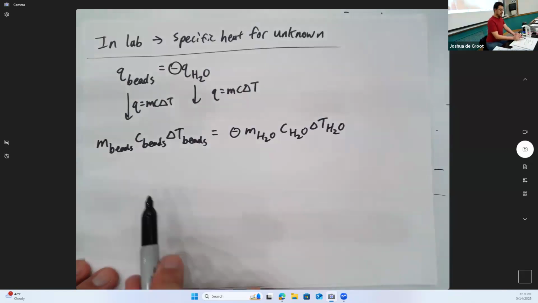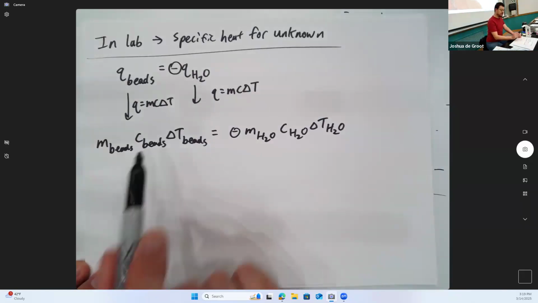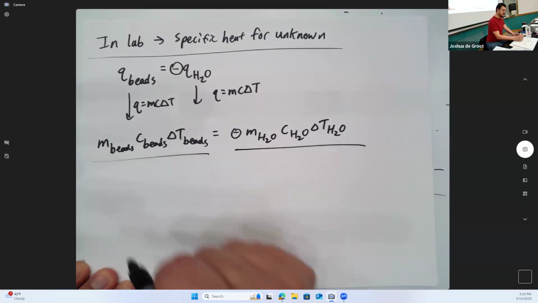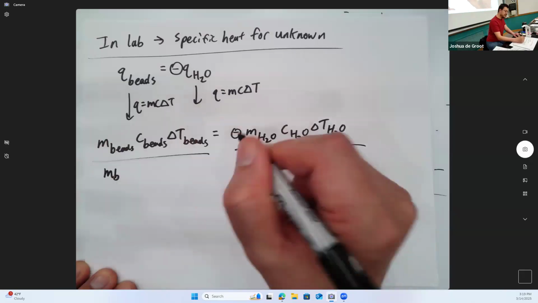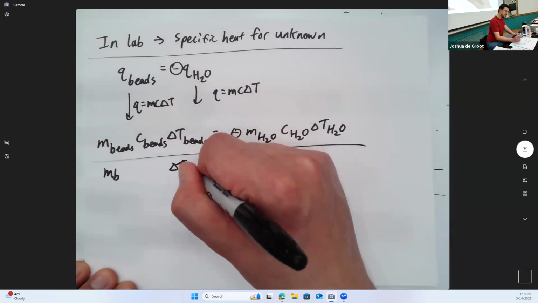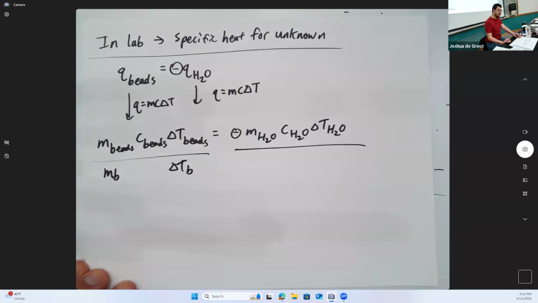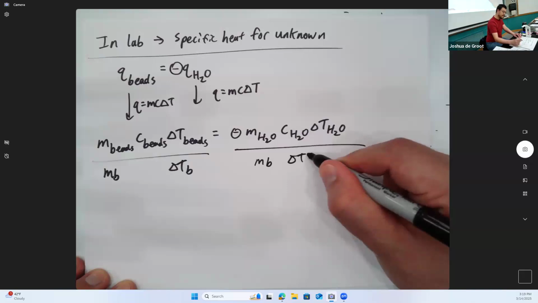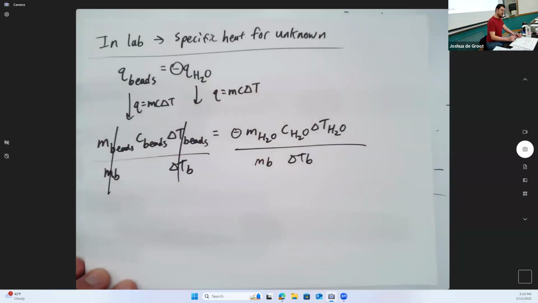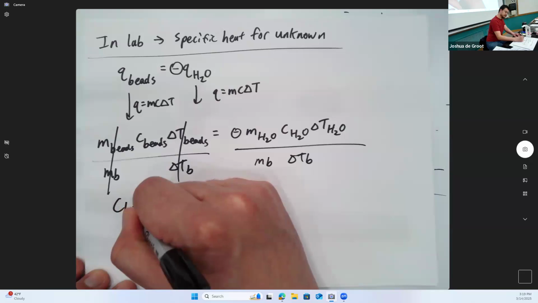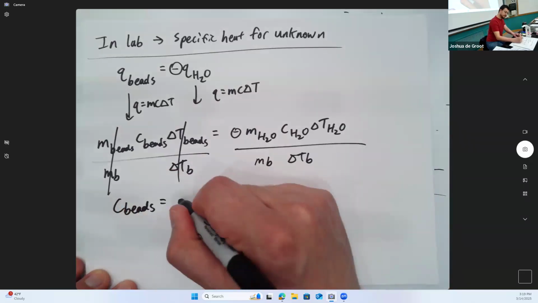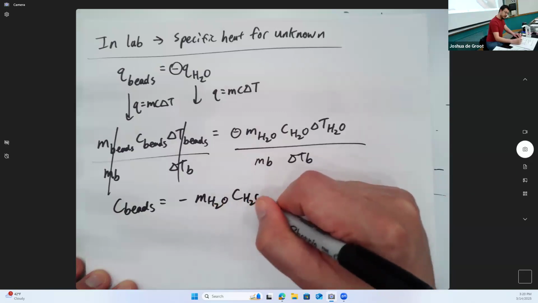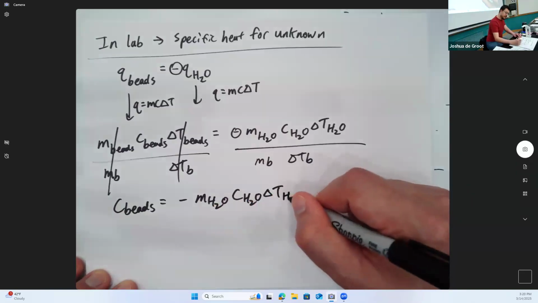All right. And we were interested in the specific heat of the glass or of the metal. So to isolate that C, we just take the M beads and the delta T beads on both sides. Those cancel. And we end up with this sort of formula.